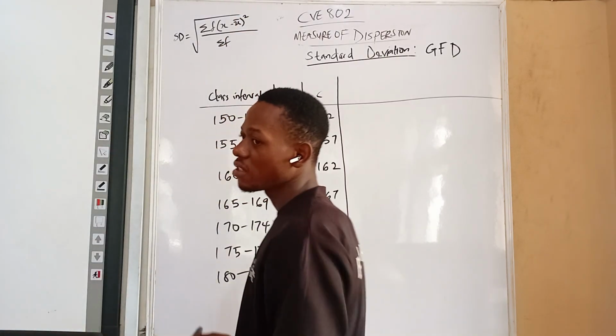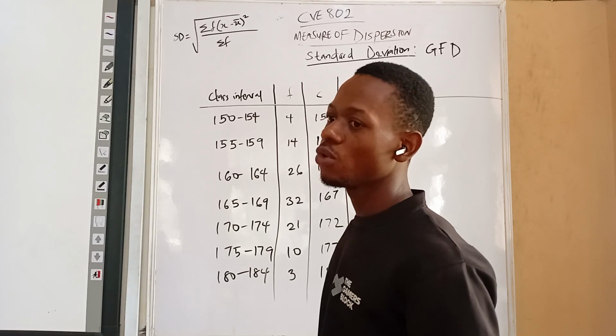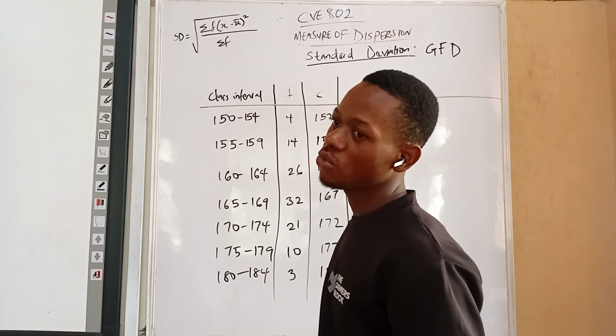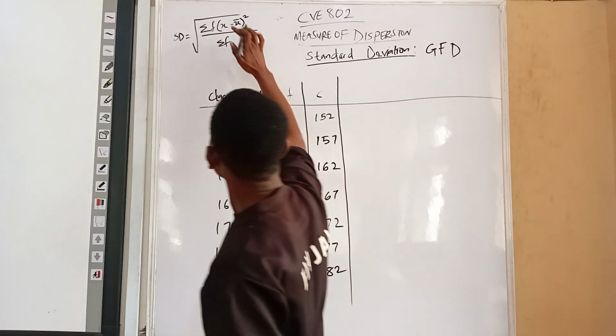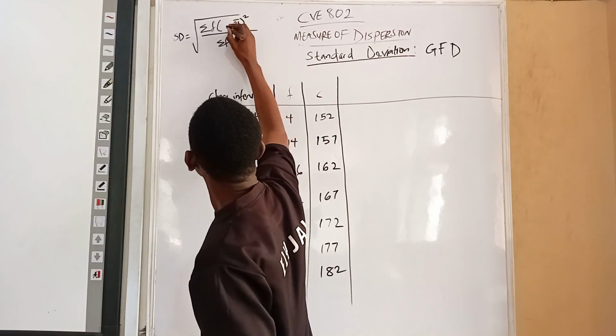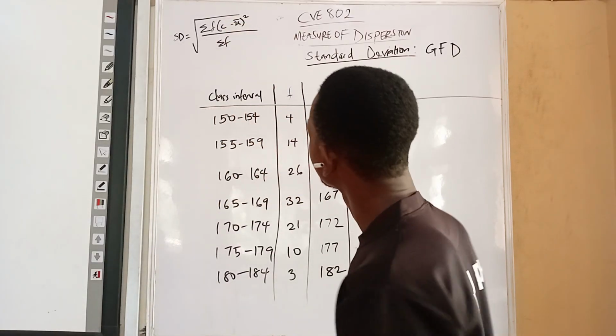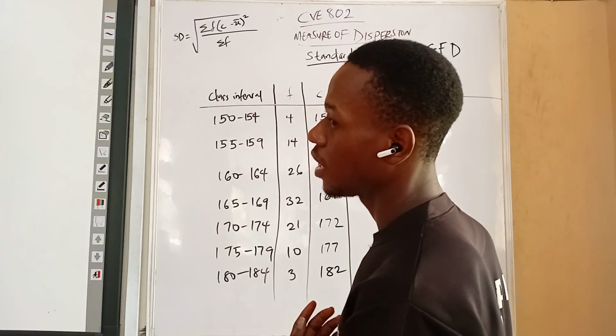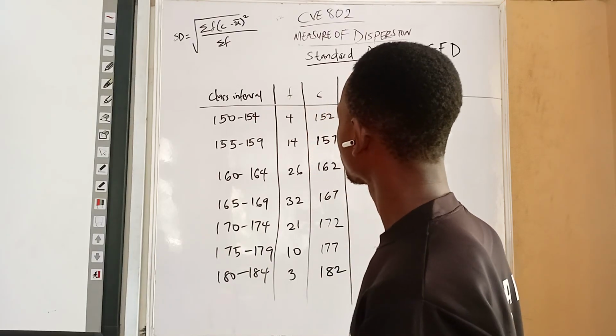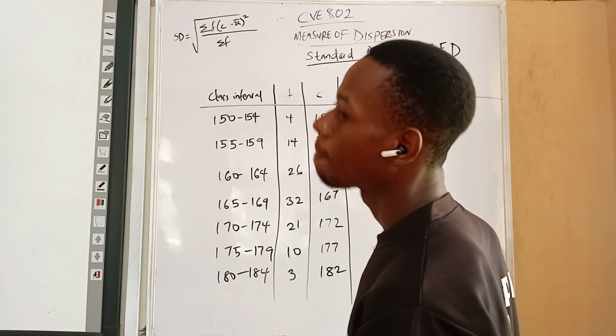But in this case, we don't have x, we only have c. So c is going to replace our x. What's c? Class center. And we have this, so you have the upper and lower limit too.